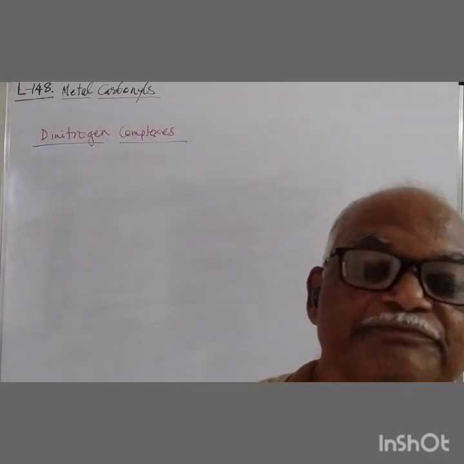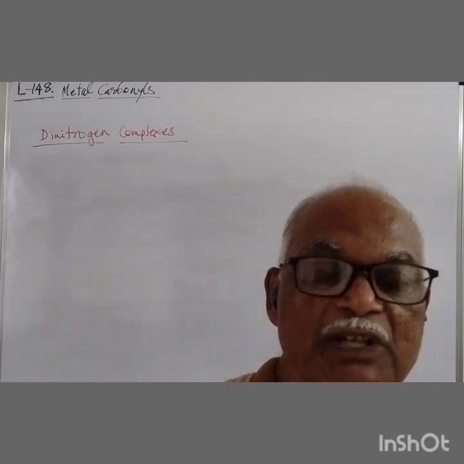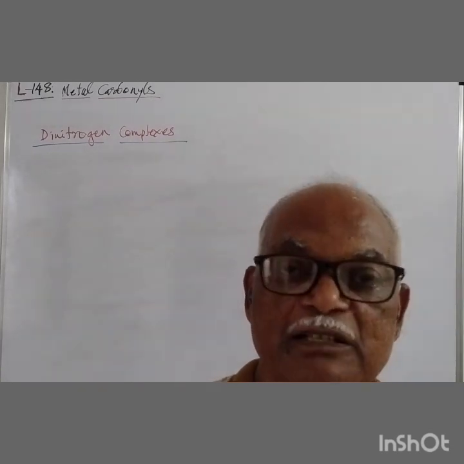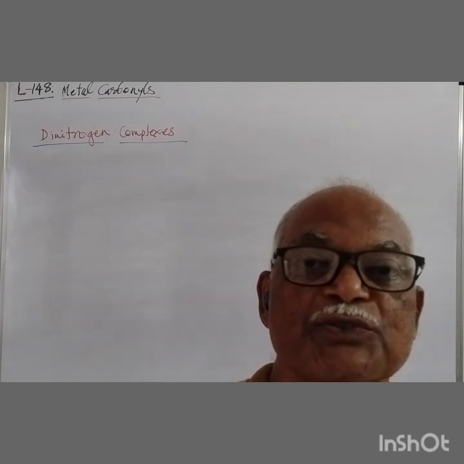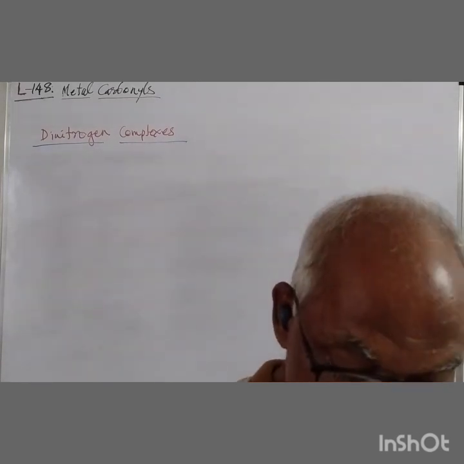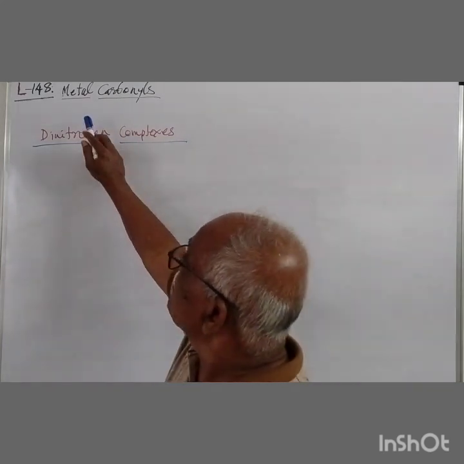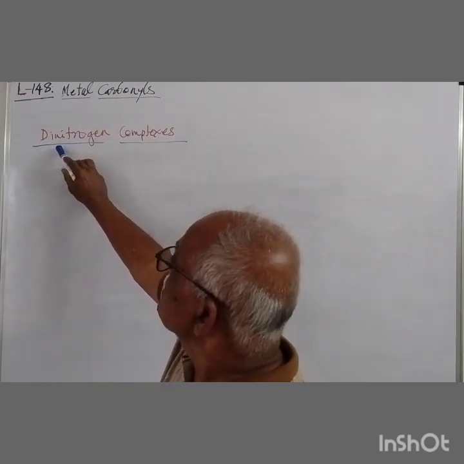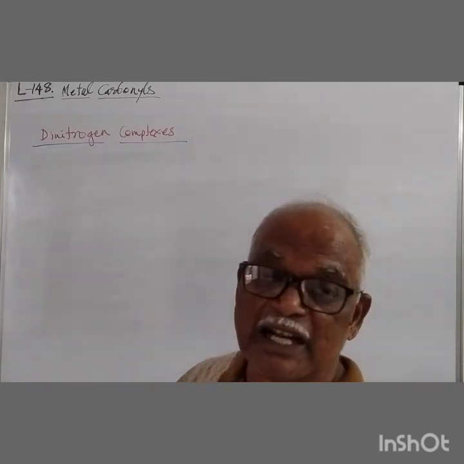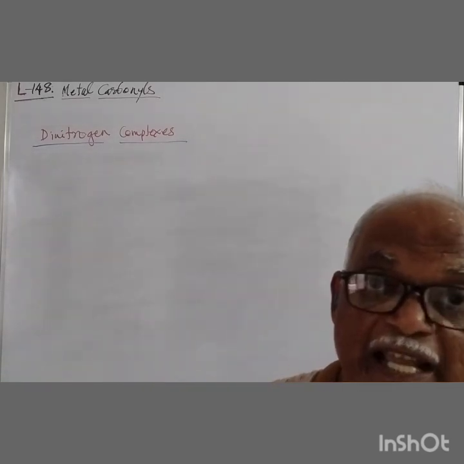So last time we have seen the complexes of metal carbonyls with isocyanide. Now we will see the next point, that is complexes of metal carbonyls using the dinitrogen ligand.